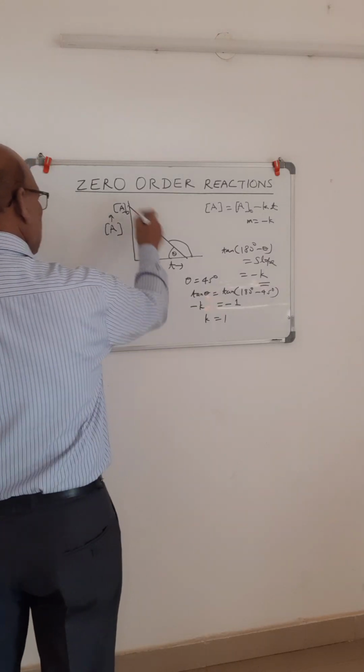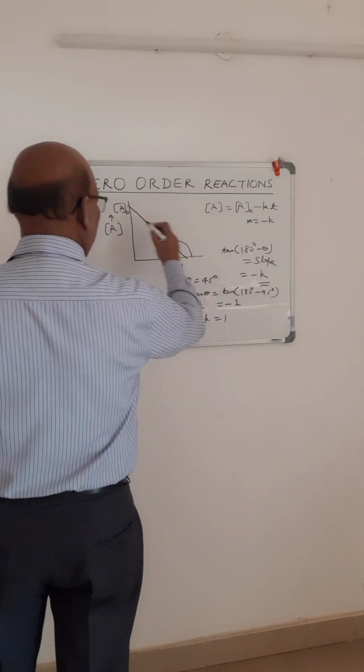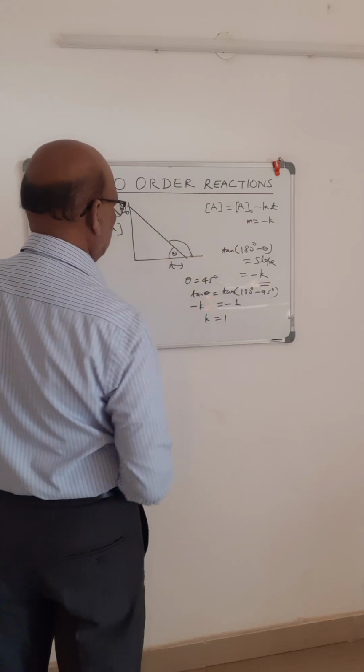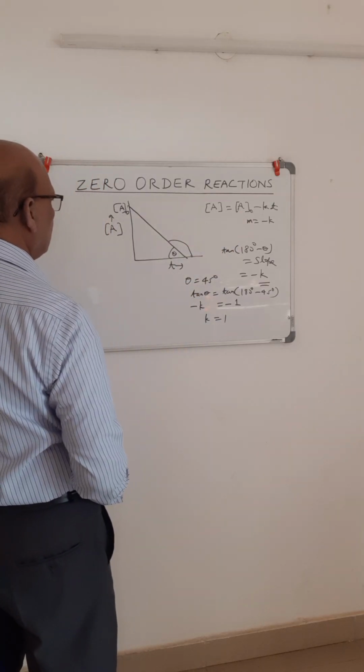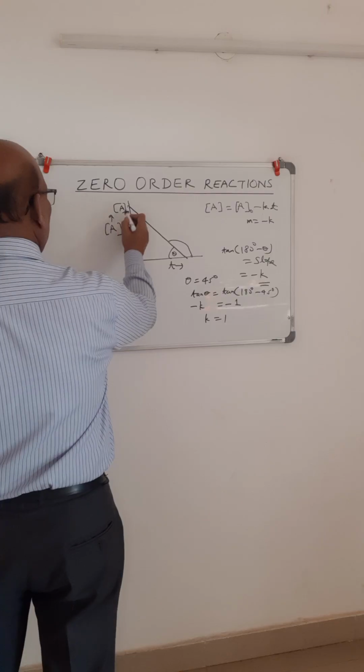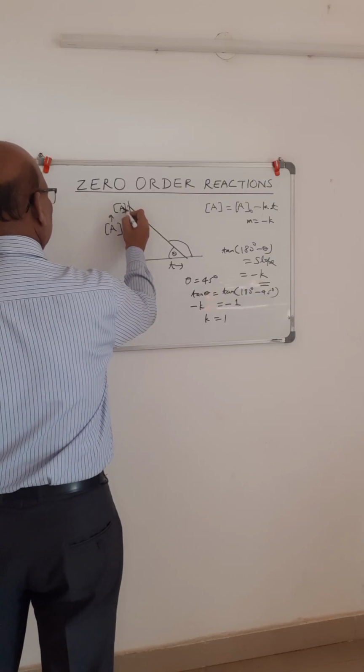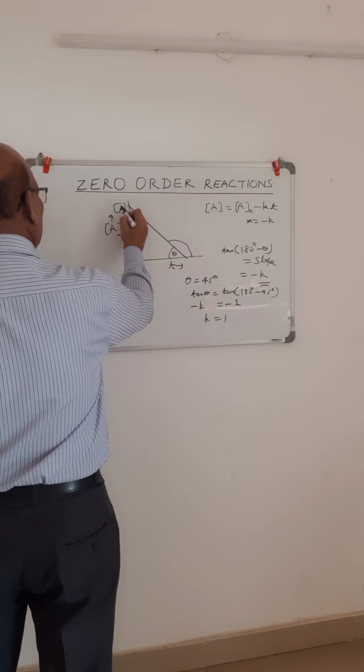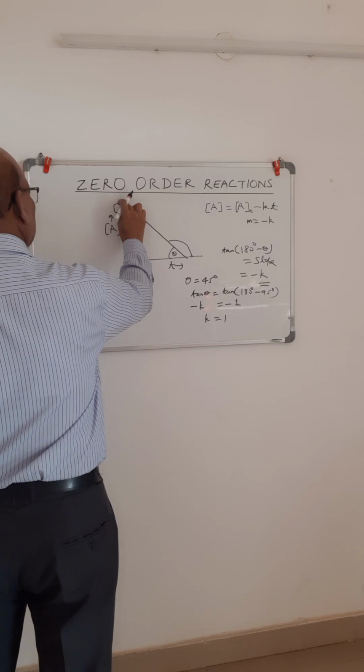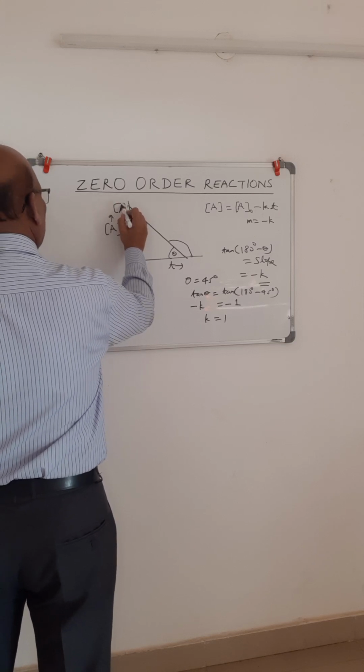Okay, so this line represents this zero order reaction, how the concentration of reactant is changing with time, starting from initial concentration, that is A naught.